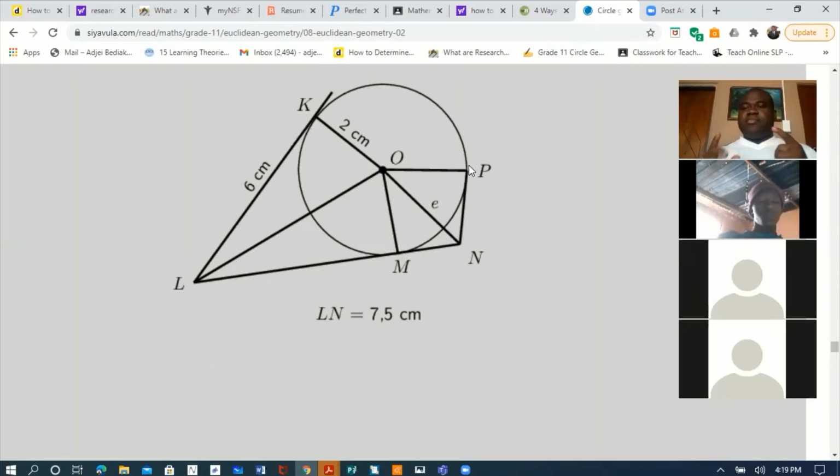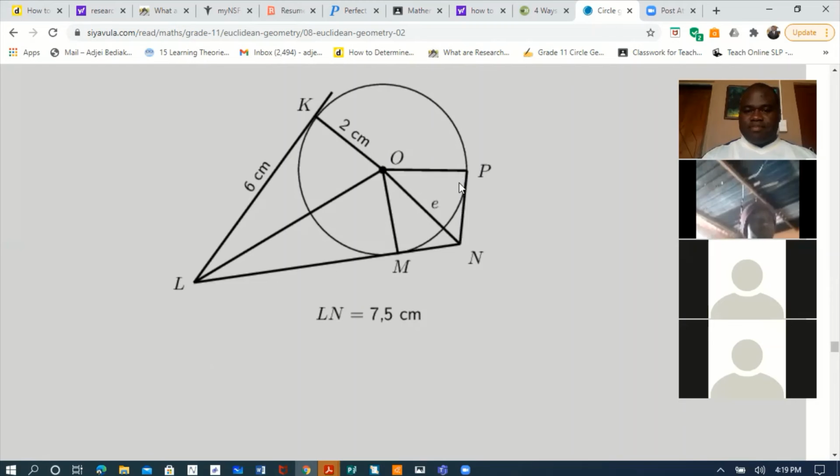Guys, you still remember what we said that day, that whenever 2 tangents from the same point outside a circle are drawn, they do something. So will you tell me what is going to happen here? Right angle, sir. 90.